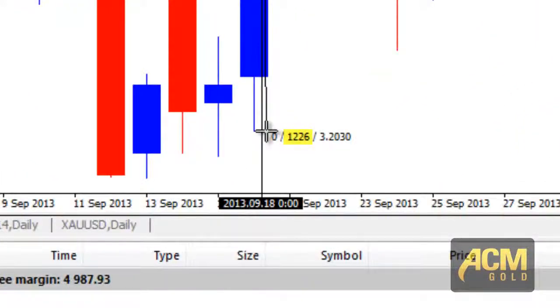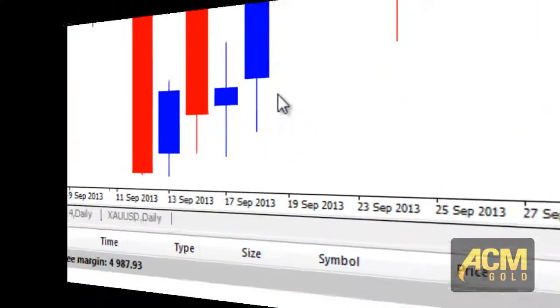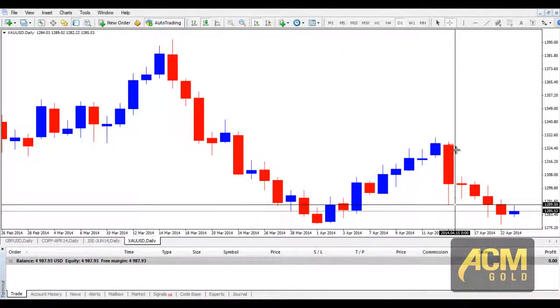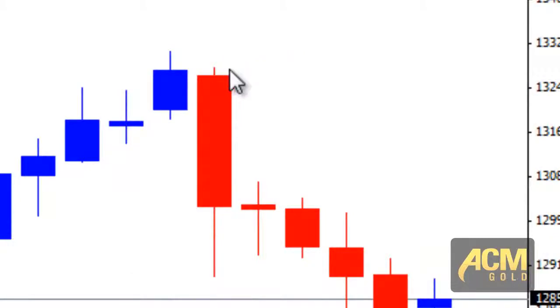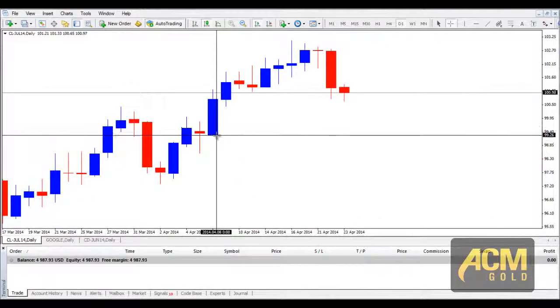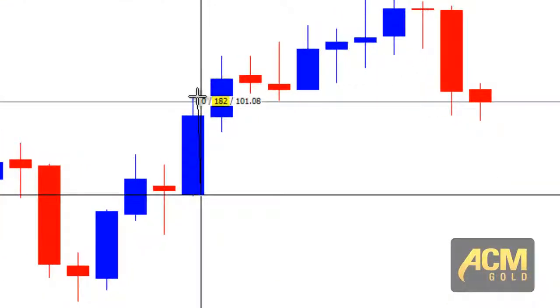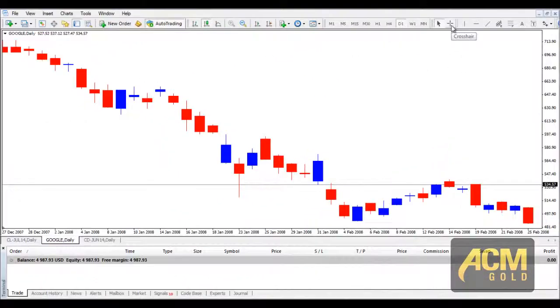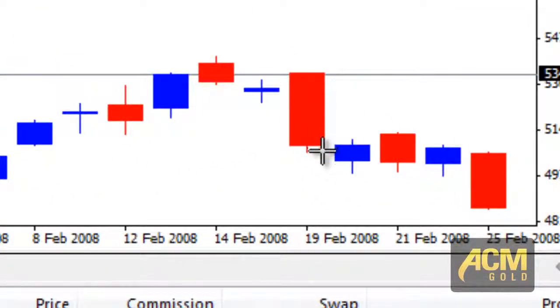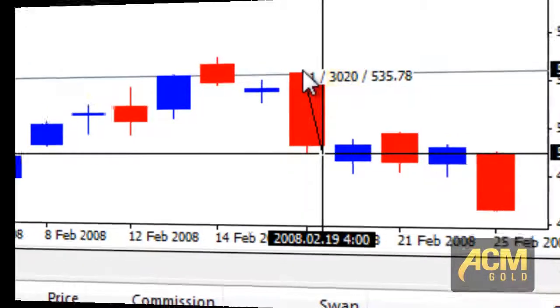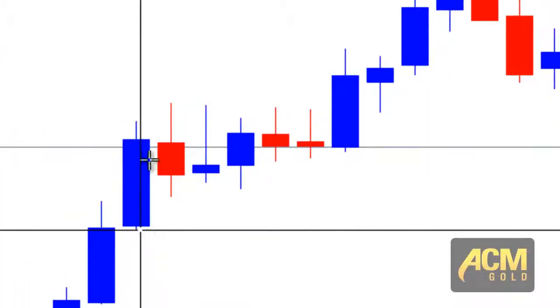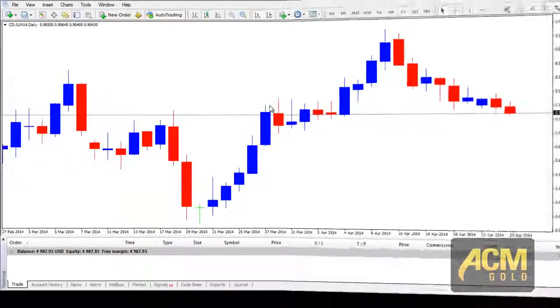Copper moved 1,226 pips that day. Gold moved 3,899 pips that day. Light sweet crude oil moved 182 pips that day. Google moved 3,020 pips that day. The Canadian future moved 74.3 pips that day.